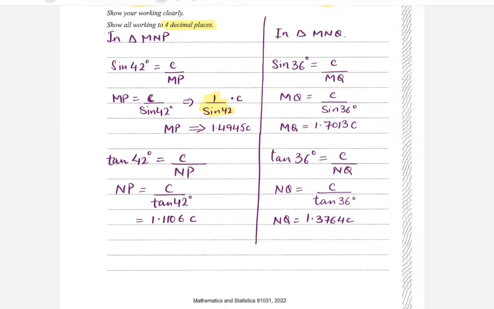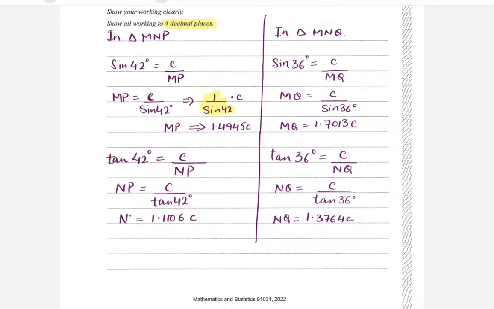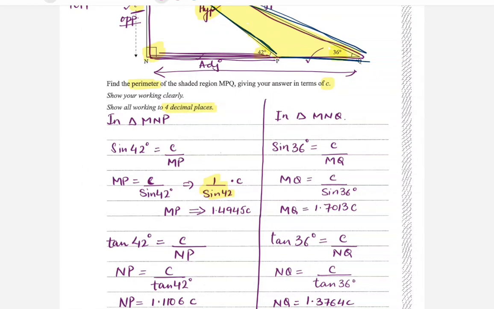So now we have got NP and we have got NQ. So here we have to do NQ. Let's rub that off. There are quite a few lines. So NQ, take away NP. If I take away this, I will have the value of PQ, right?